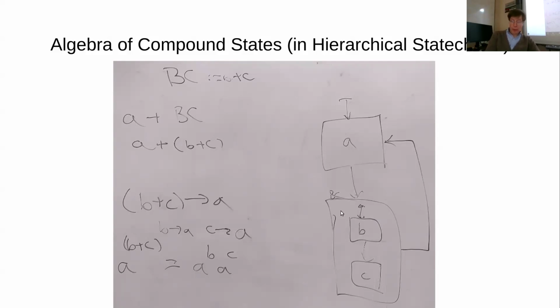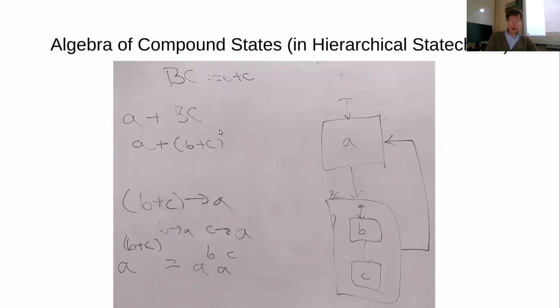We could note, as we did before, that the compound state's states are characterized as the disjoint union, or coproduct, of B and C. It can be in either this or that.